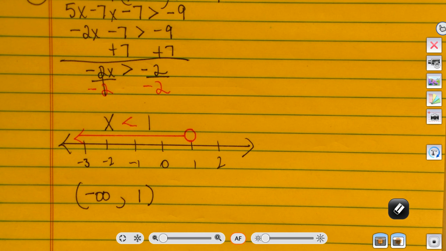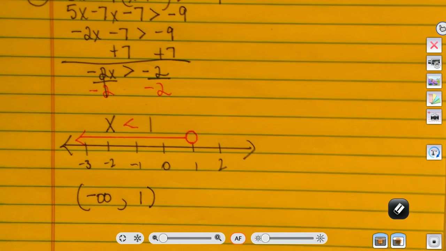Remember, my infinity sign is going to go on the side in the interval notation where my arrow is pointing. So we've been able to solve, graph, and write our solution in interval notation of this inequality.